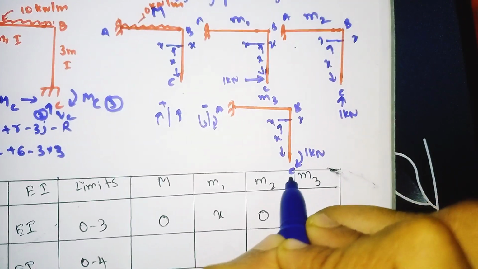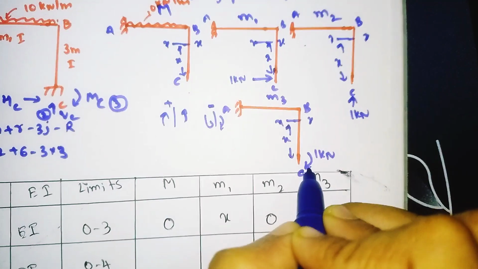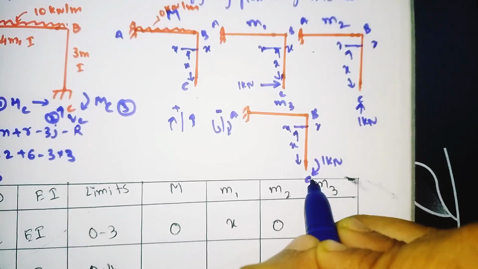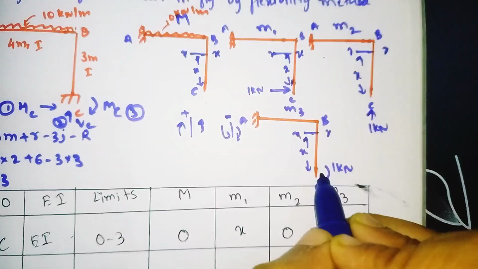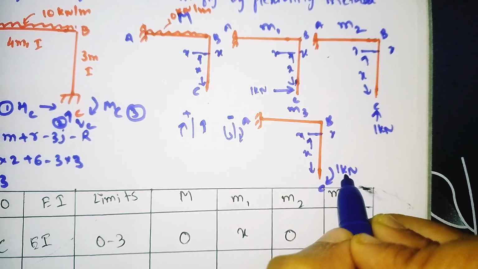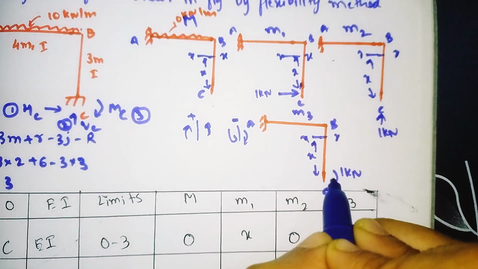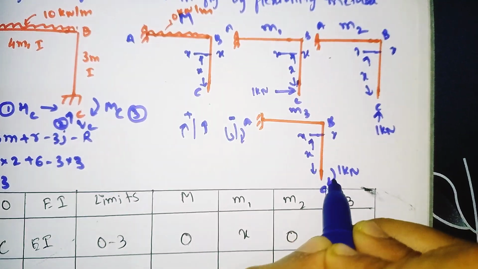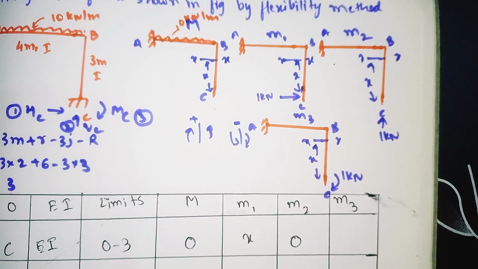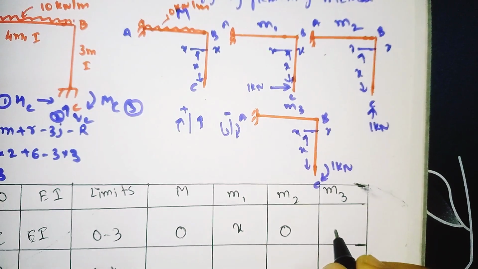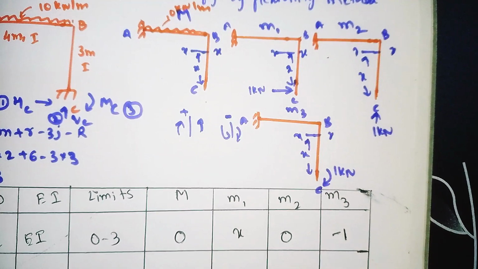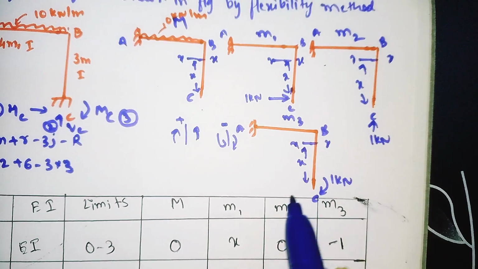this 1 kilonewton is acting clockwise, but we should not see whether it is acting clockwise or anti-clockwise. We have to see what is the effect of this 1 kilonewton on this member. It is pushing the member downward, so we need to take the -1. Downward means we need to take the negative. See here, I will show.